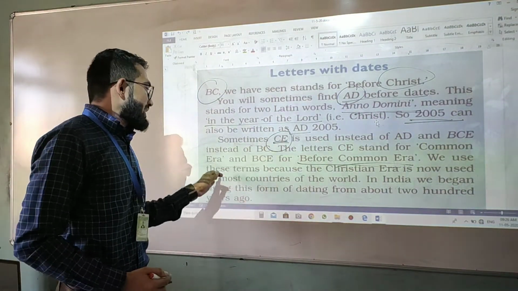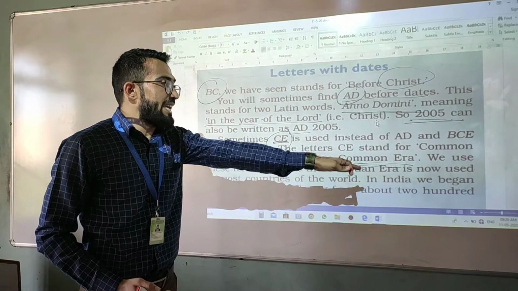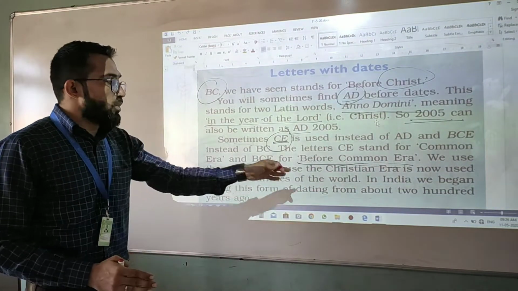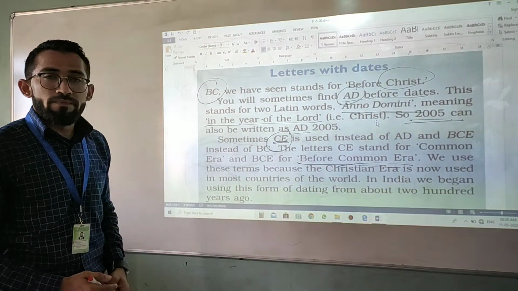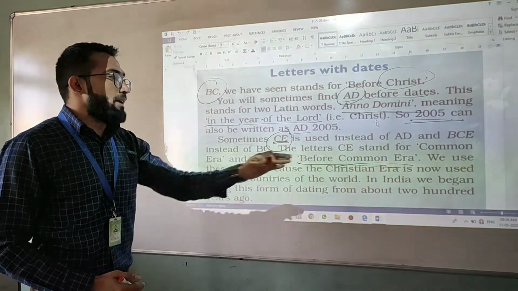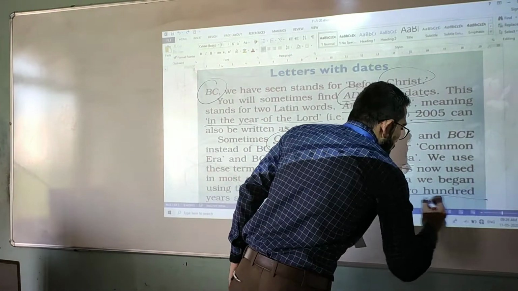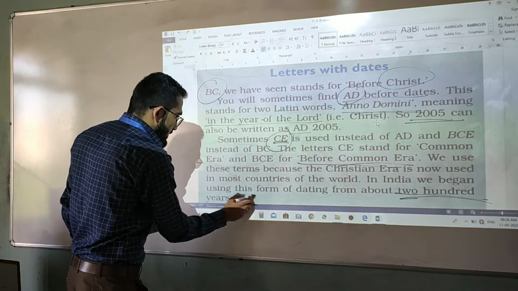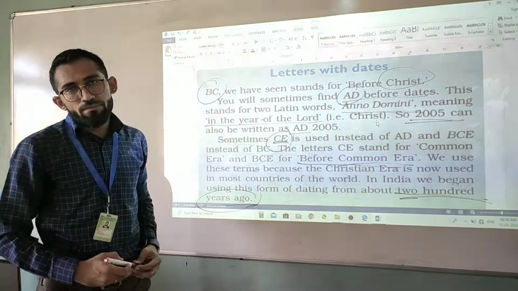So we use these terms because the Christian era is now used in most countries of the world. In India, we began using this form of dating from about 200 years ago.